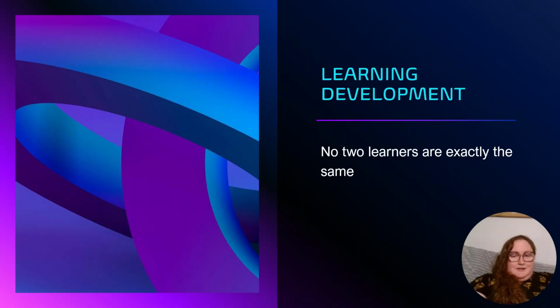Starting with learning development. No two learners are exactly the same. And that's really obvious to anyone who's been in a classroom for probably a day. But what I thought was especially important, pointed out through the standards, is that it isn't just that learners aren't the same in the way they learn or the speed at which they learn, but there are social, emotional, all sorts of things going on with our kids, especially my sixth graders, whose brains are still developing.